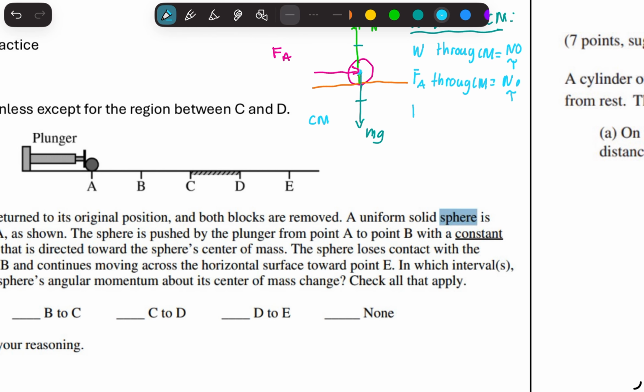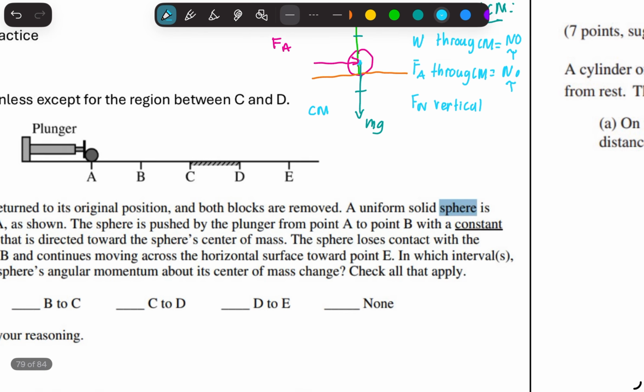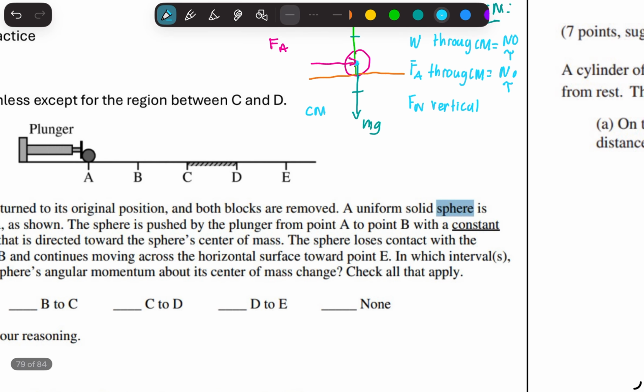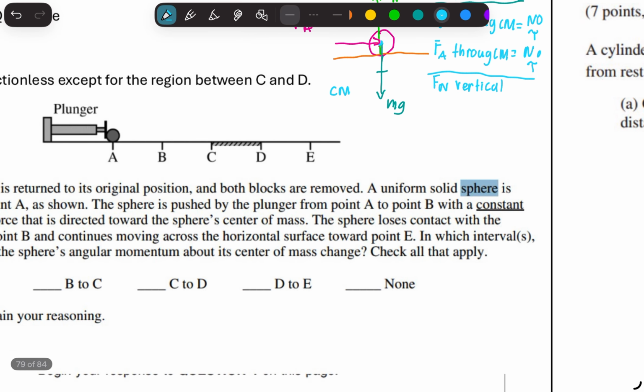Now, we know that Fn is vertical, though. And we know the position vector from the center of mass to the contact point is vertical.